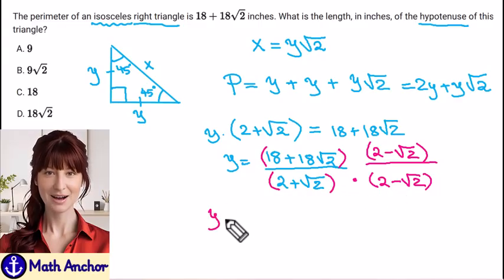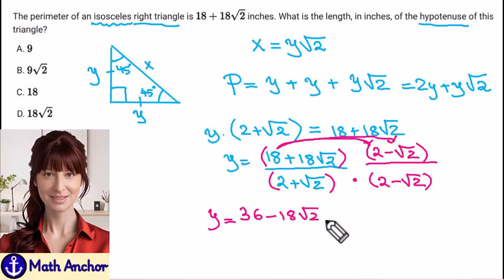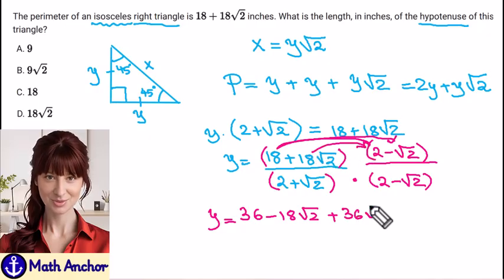Let's go ahead and apply the FOIL formula to multiply 18 plus 18 square root 2 with 2 minus square root 2. So we're going to multiply 18 by 2 first. So that's going to be 36 minus 18 times square root 2 plus 36 square root 2.